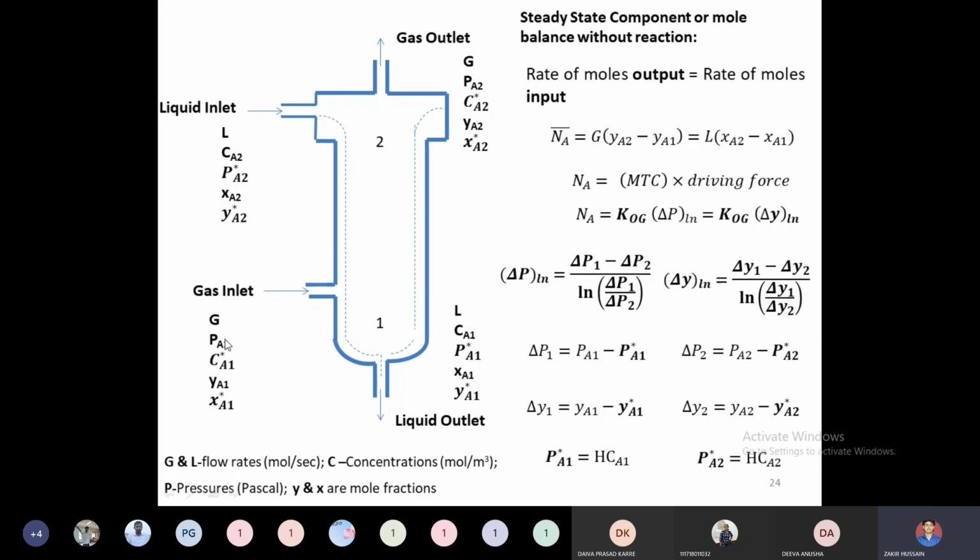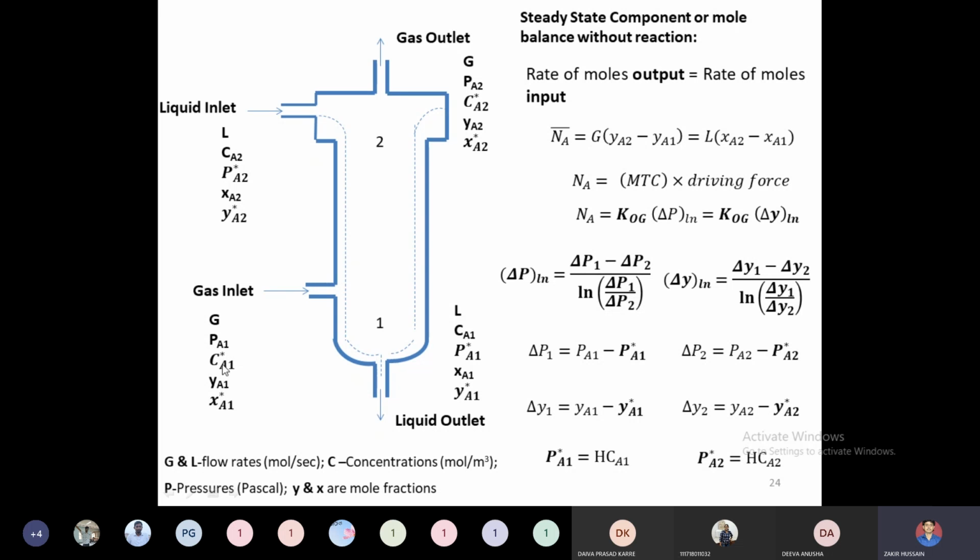Just to calculate the relationship between PA1 and CA1, CA1 star, there is a Henry's law equation. I already said Henry's law equation is PA1 star is equal to H into CA1 star, because these two concentrations and pressures are in equilibrium. So then only we can write. We can't write PA1 is equal to H into CA1, because these two variables are in contact with each other, or these two are in equilibrium. The liquid phase and gas phase are in equilibrium here.